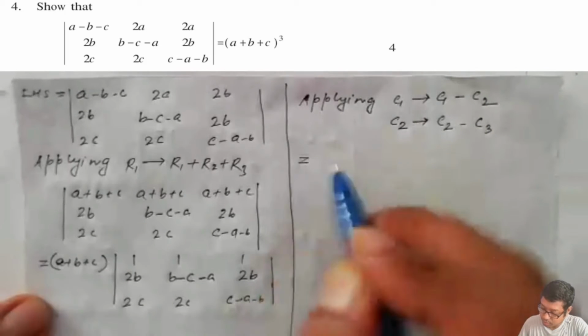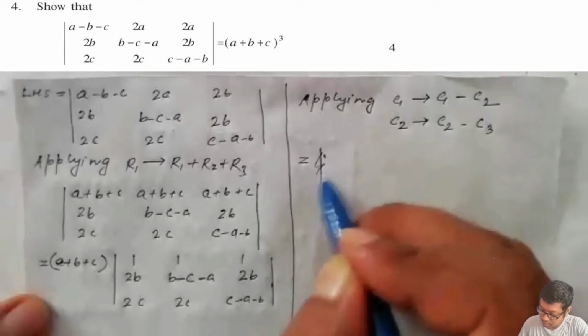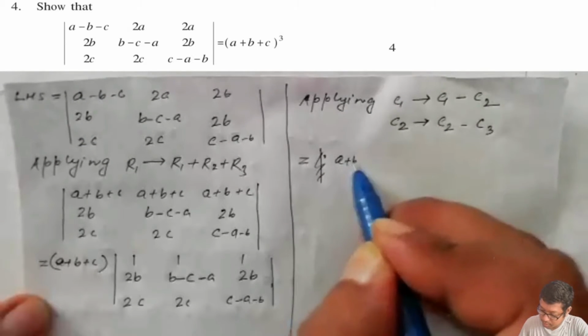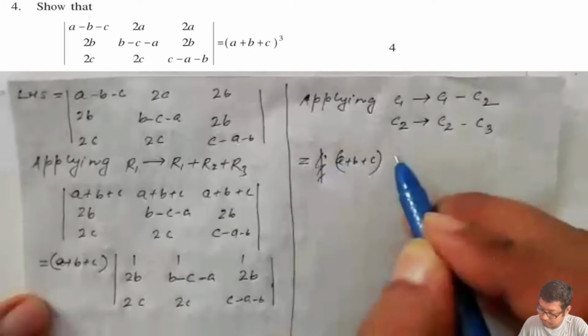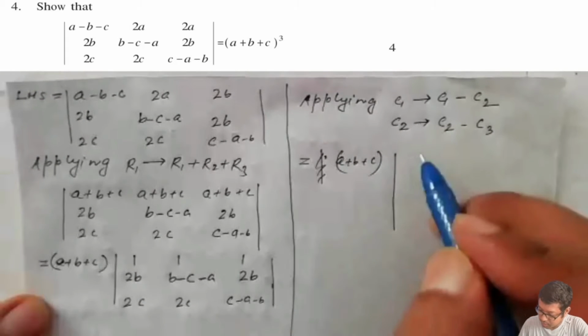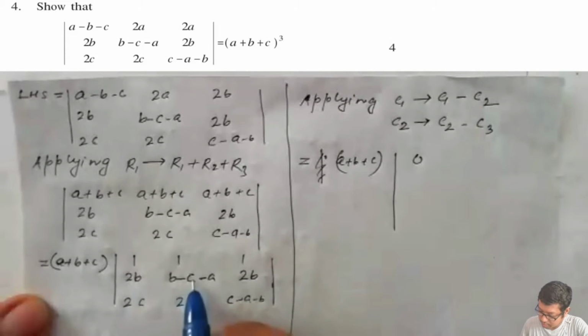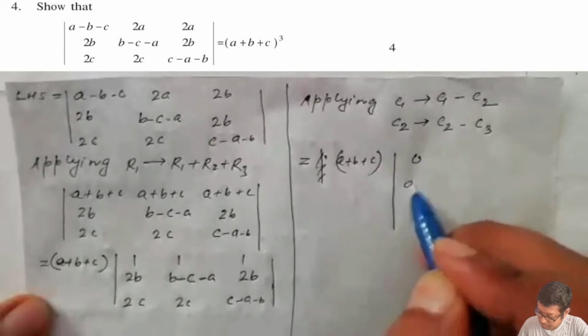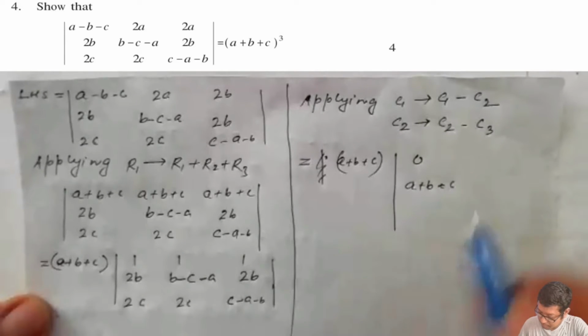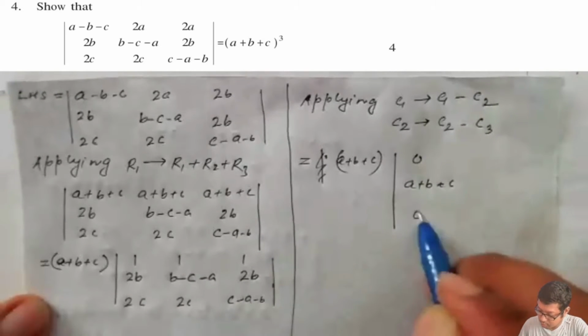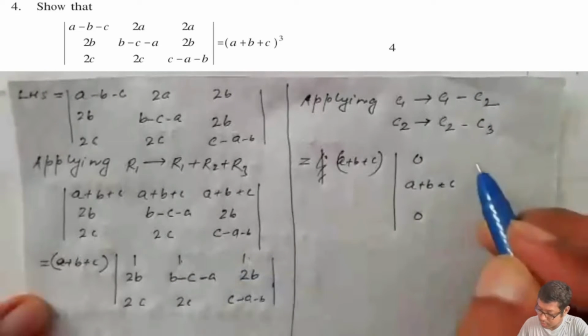So this is equal to, sorry, a plus b plus c is already there. This is 0. This minus this will give us a plus b plus c. This minus this will be 0. This minus this will be 0.